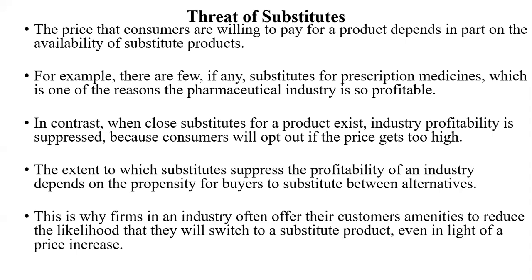Now, the extent to which substitutes suppress the profitability of an industry depends on the propensity for buyers to substitute between alternatives. Yes, so that was what I was explaining earlier on. And this is why firms in an industry often offer their customers amenities to reduce the likelihood that they will switch to substitute products, even in the light of a price increase.